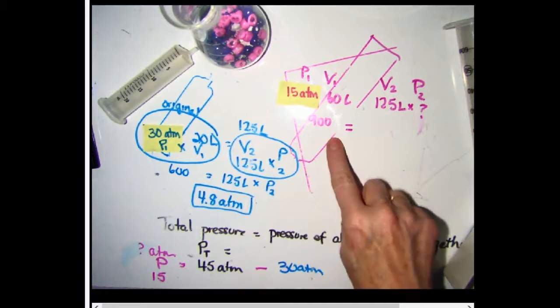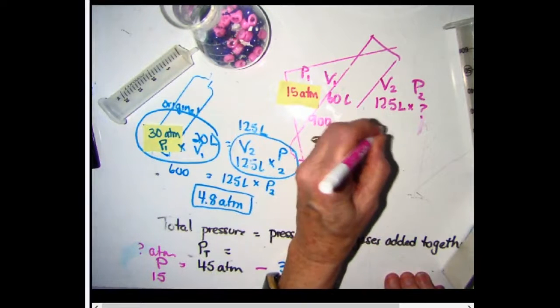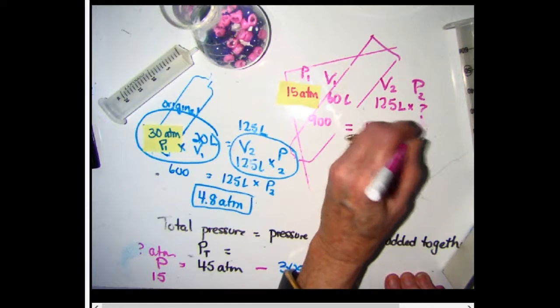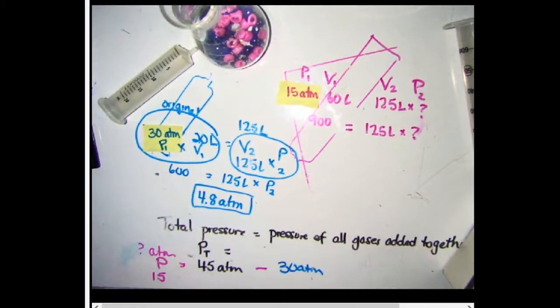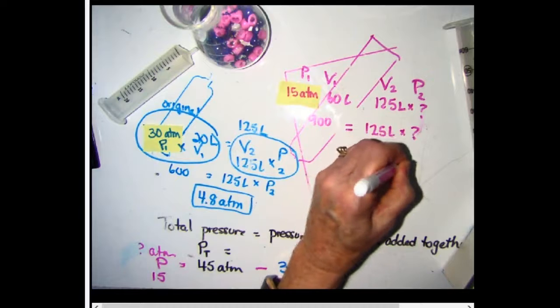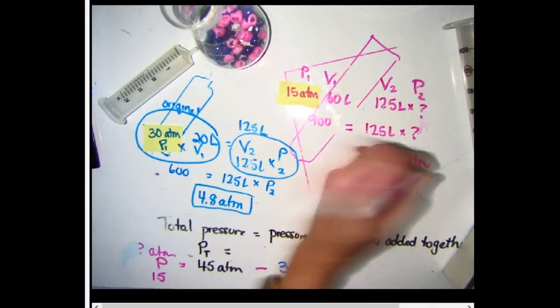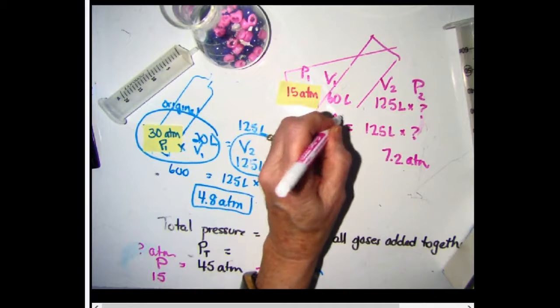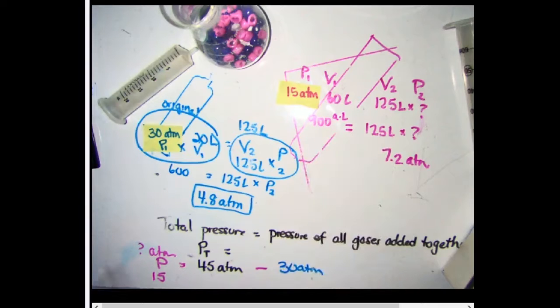So I have 900 equals P2 times 125 liters. So let's take 900 and divide it by 125. And that's going to be 7.2 atmospheres.